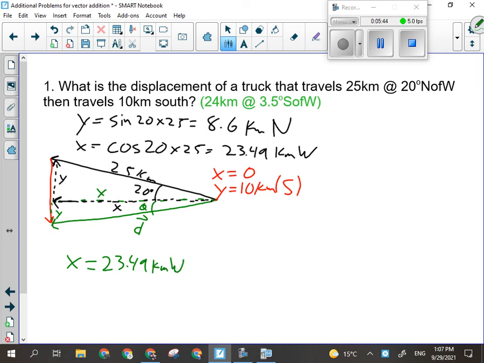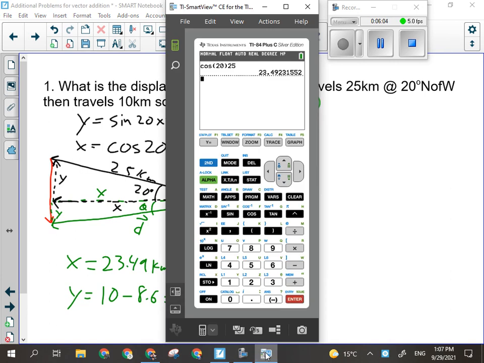Now for my y, in the black one I go north, and in the red one I go south. So I'm going to have to subtract those because I go a little bit up and then a bit back. So I'm going to have the 10 south minus the 8.6 north.